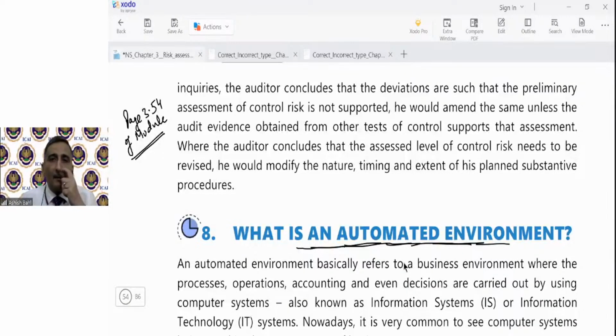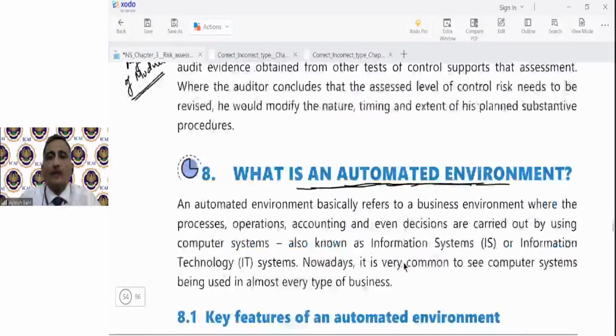A business which operates in such surroundings, we call it an automated environment.